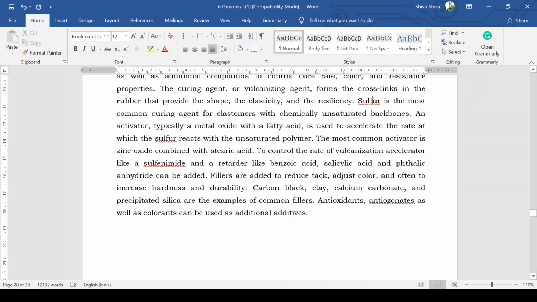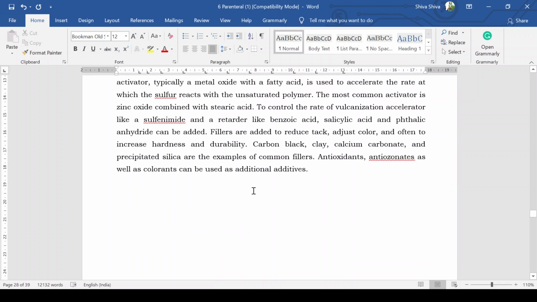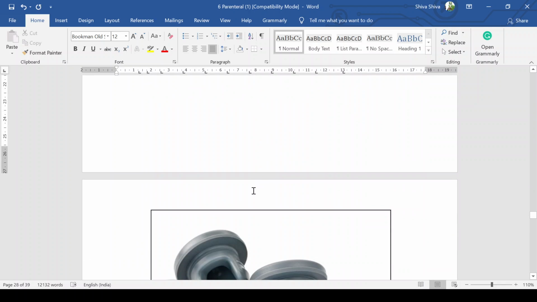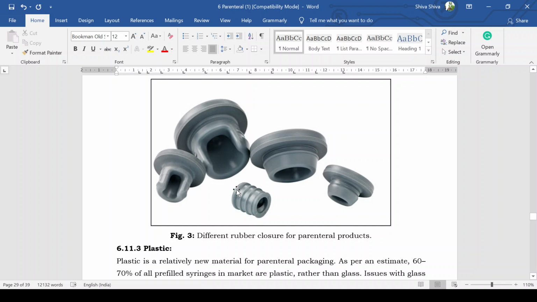Here is one word called anti-ozonates. So anti-ozonates basically prevent degradation of rubber due to ozone. So these are the different additives which are used in the formulation of rubber closures, and these are the various rubber closures which you might have seen regularly in the packaging of parenteral products.